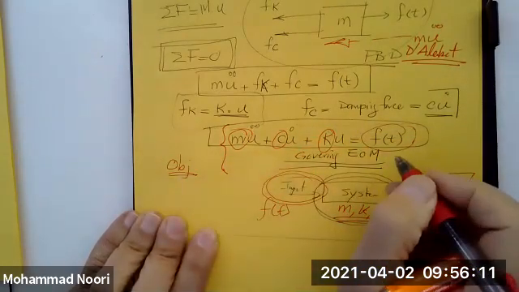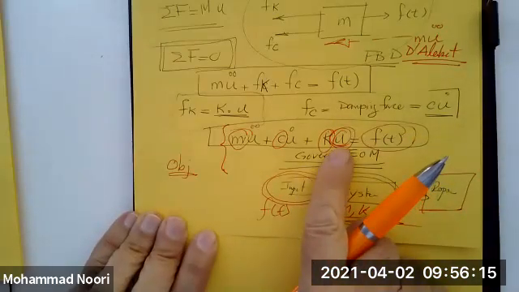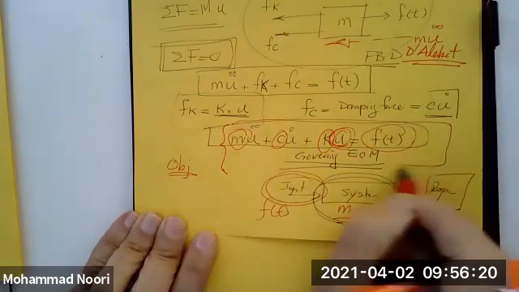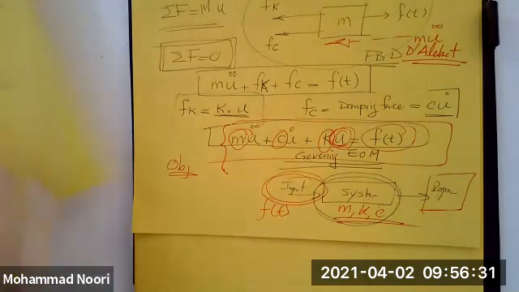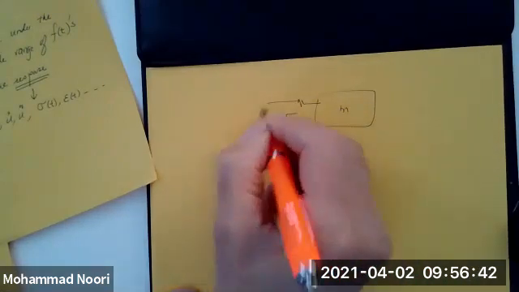This differential equation has this response in it. So this differential equation, which we call the equation of motion, represents everything in mechanical vibration that we are interested in. It represents this single degree of freedom system, right?